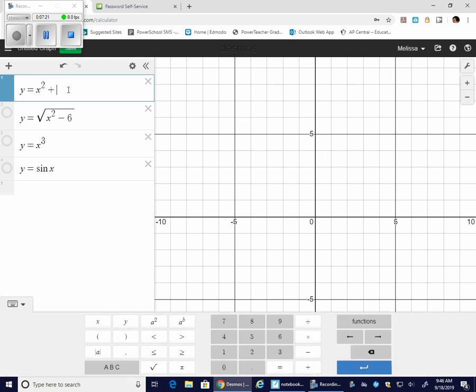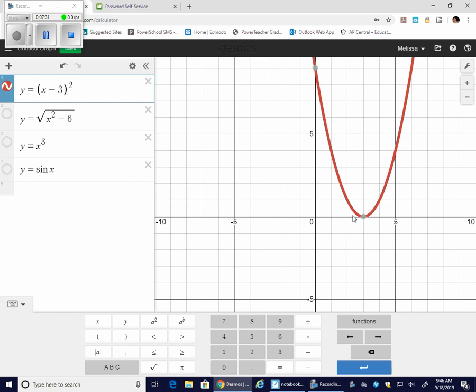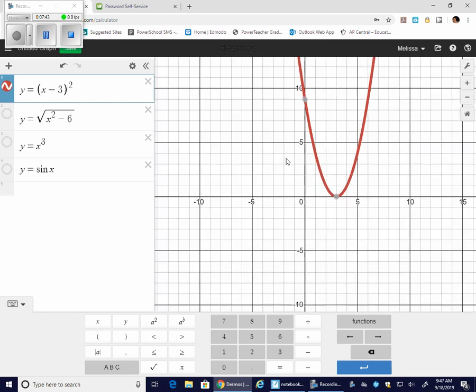Let's try a horizontal shift. So now I'm going to do x minus 3. Now I'm shifted to the right. So now when I input, I don't have that symmetry anymore. I can't even see negative 2.